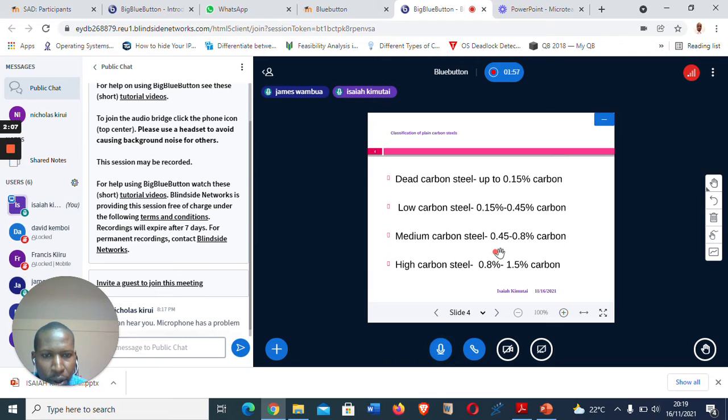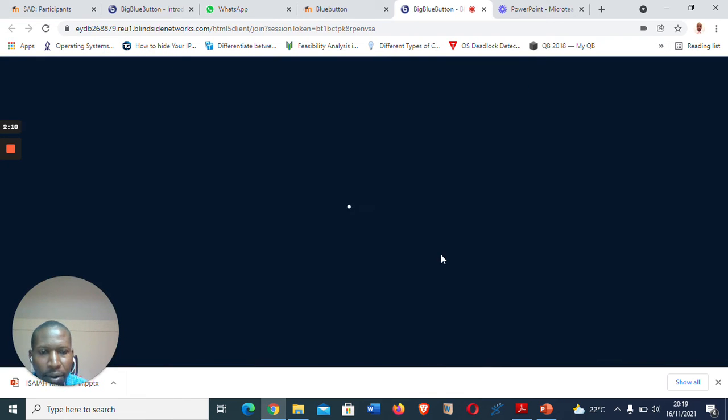And lastly, the carbon content for high carbon steel is... Okay, we have lost the connection.